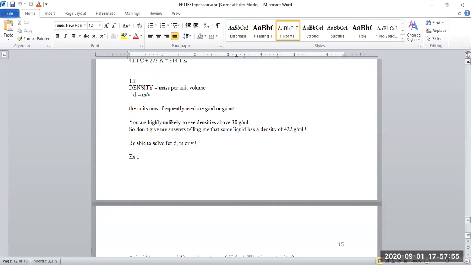So some more tips. Reality checks again. It is highly, highly unlikely for anything that you are doing in general chem that you will see densities higher than 30.